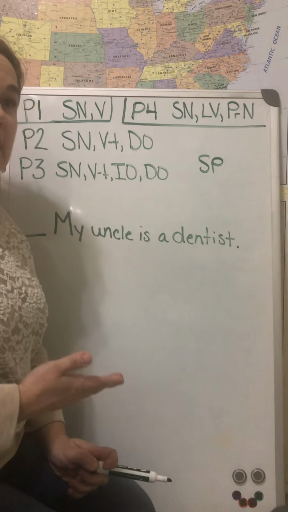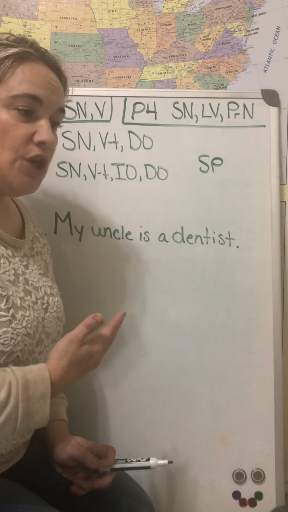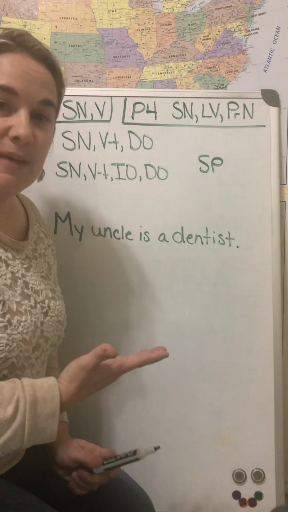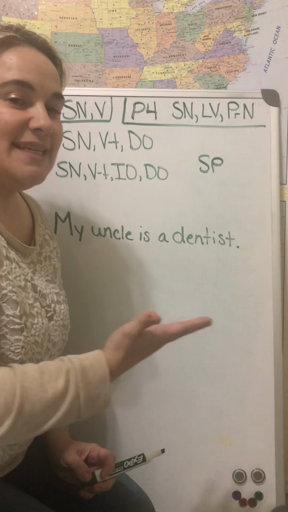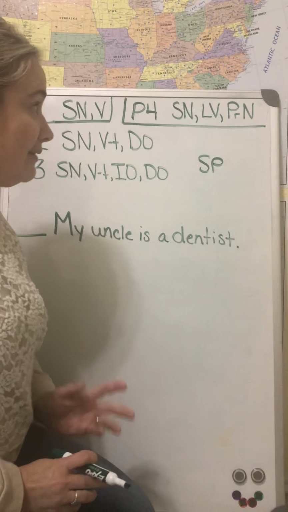All of those could be linking verbs that are showing the state of being of your subject. So what your subject is instead of what your subject is doing. Does that make sense? That's a linking verb.